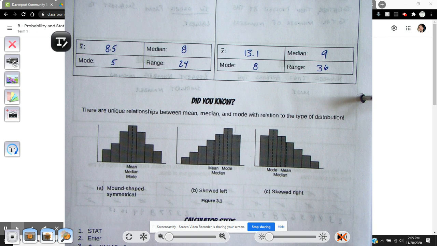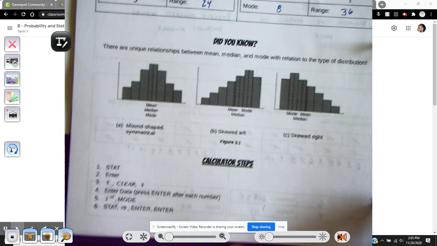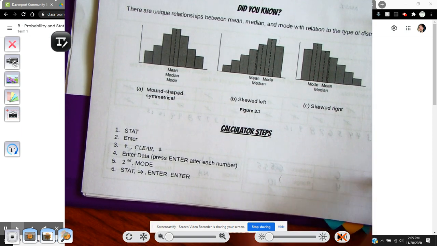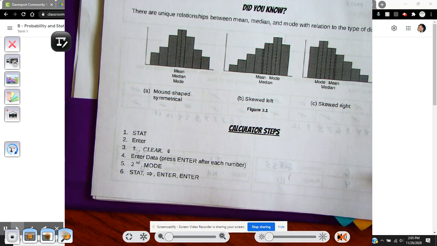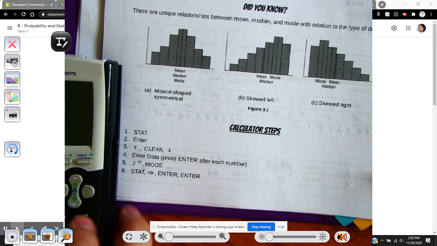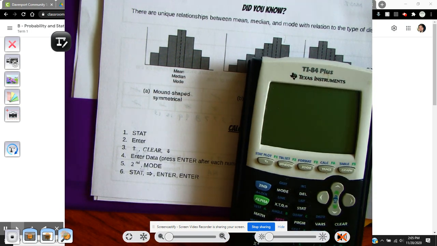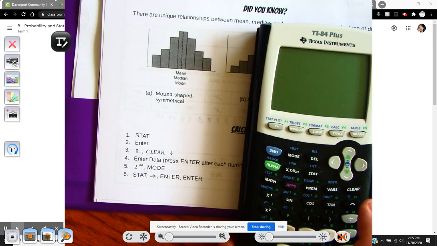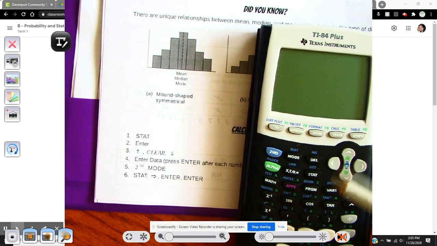The other reason why I wanted you guys to pull up your graphing calculators is because your calculator will literally do this for you. So if you follow these steps, first hit stat. So your stat button on your calculator is right here, right underneath your delete or the DEL button.